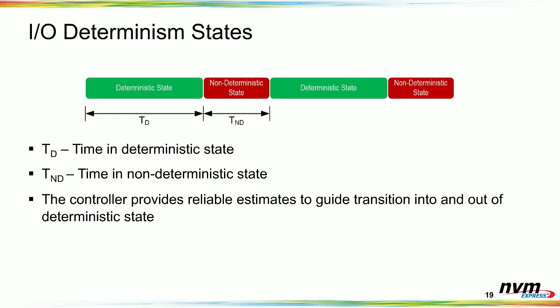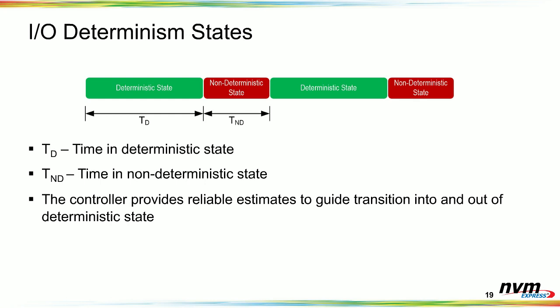But of course, the drive will build up work to do during this period, and so you have to give it some time in a non-deterministic state to work off this built-up work. It could include read patrolling to detect read errors. It could incur wear leveling and garbage collection. All those things are only allowed to happen during that non-deterministic state.